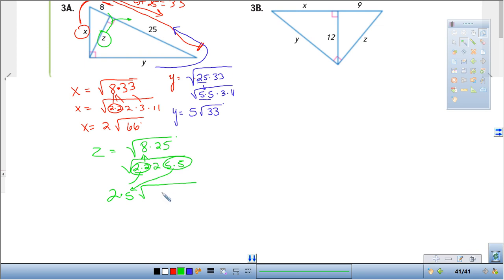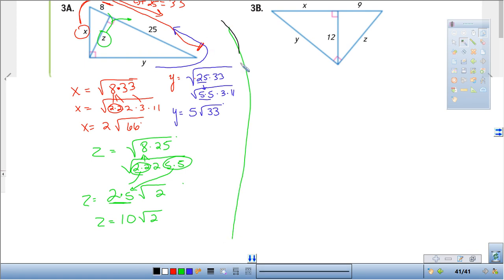Left on the inside, I'll have that 2. So z is equal to, you see these two, we're going to multiply that out, 10 times the square root of 2. Now that makes sense. Look at this. 8 times 25 is 200, right? If I put out a 10, that means there was 100 in here. And 2 times 100, yeah, 200. Makes sense.